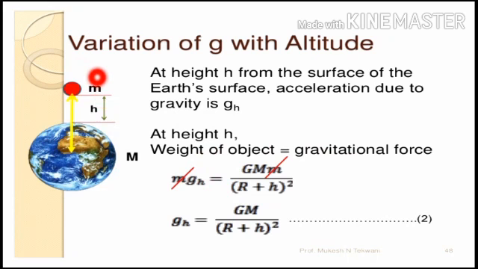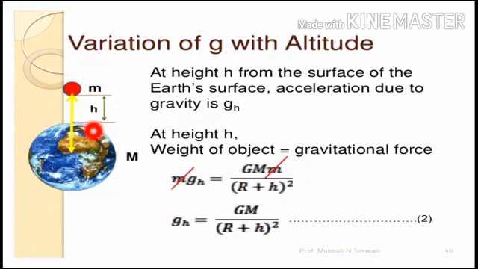This object will experience a gravitational force equal to its weight. So I am going to say m g_h is equal to the gravitational force. Here you can see G, capital M and small m, the masses m1 and m2. The distance here is not r squared, it is (R + h) whole squared.